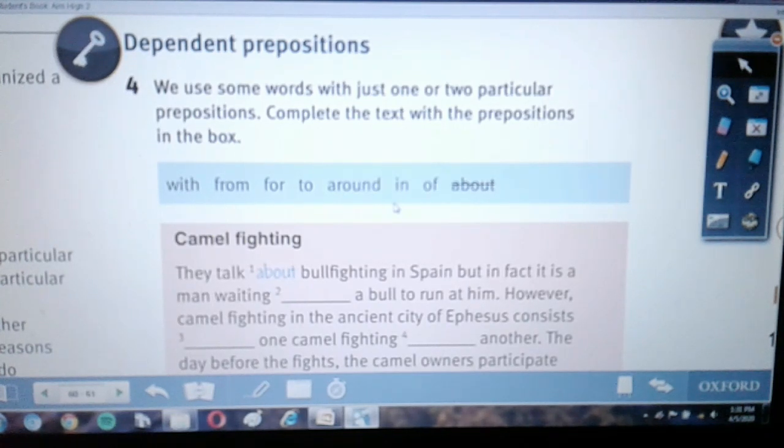However, why do we use about here? Please see the context. They talk, if we use they talk to bullfighting, do they have a talk with bullfighting? Or if we use they talk with bullfighting, do they have a talk with bullfighting? If we use those prepositions to and with to fill in number 1, the sentence will be illogical.